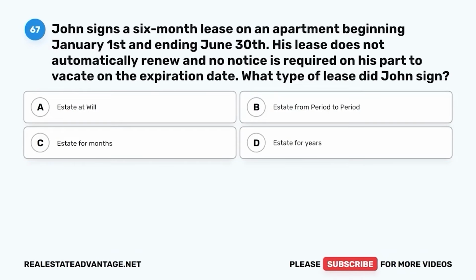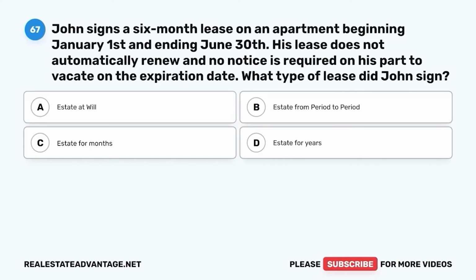Question 67. John signs a 6-month lease on an apartment beginning January 1st and ending June 30th. His lease does not automatically renew and no notice is required on his part to vacate on the expiration date. What type of lease did John sign? A. Estate at will. B. Estate from period to period. C. Estate for months.